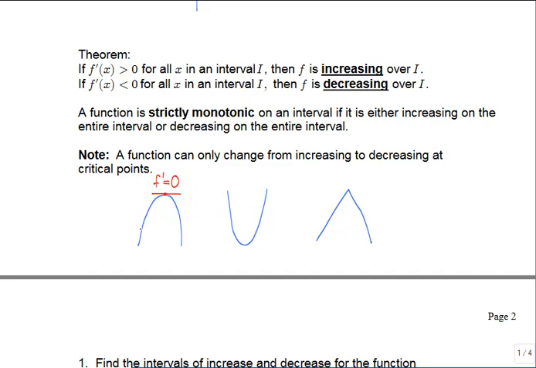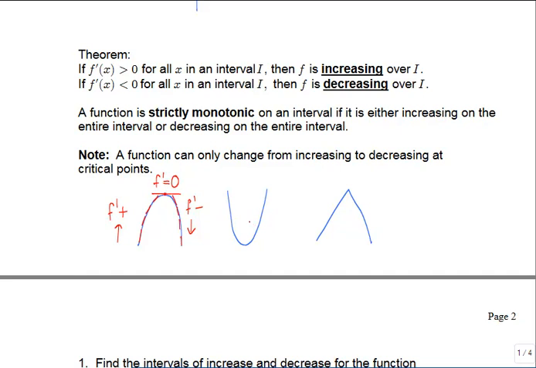Now to the left of that point, if we sketch in all of these tangent lines, they're all slanting up, and that's because our graph is increasing on that left side. So these derivatives are positive on the left, which is why our graph rises. But on the other side, if I draw in these tangent lines, all of these lines fall, so our derivative is negative and the graph decreases. So the only way that the graph can go from rising up to falling is if it hits that 0 in between.